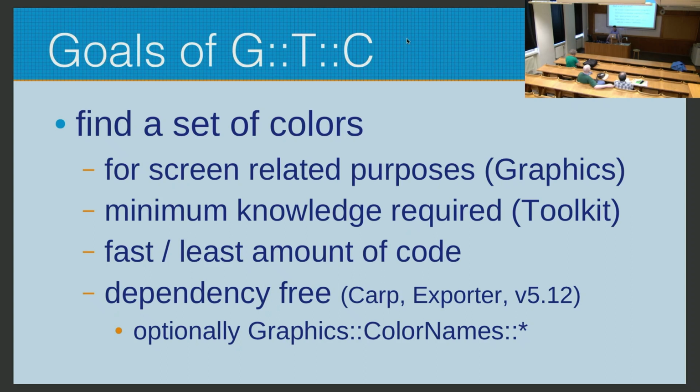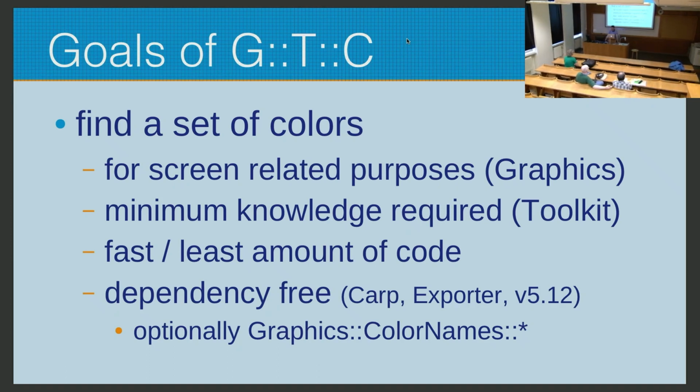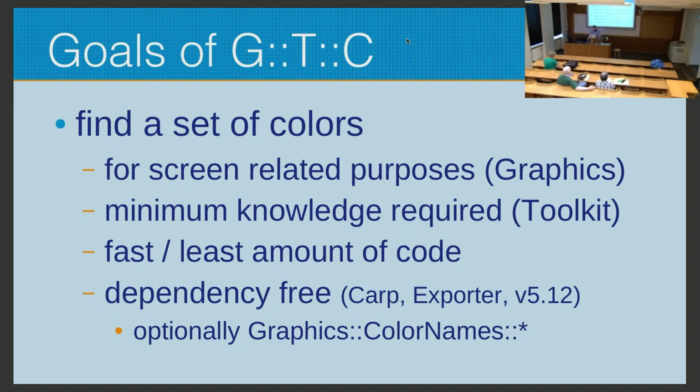And we have one optional dependency, which are modules of the Graphics::Color namespace. These provide the features if you want the explicit names, taking the SVG or CSS namespace, because these are already laid down in these modules. These modules are small and also have almost no dependencies, so it's a nice trade-off.